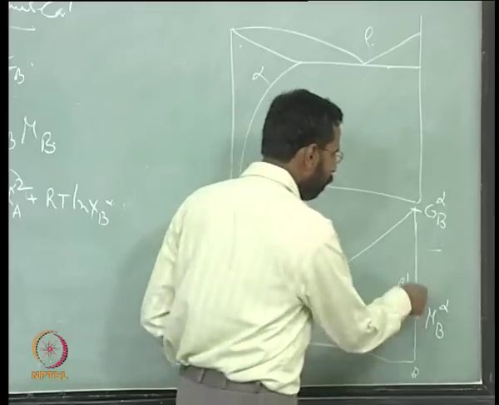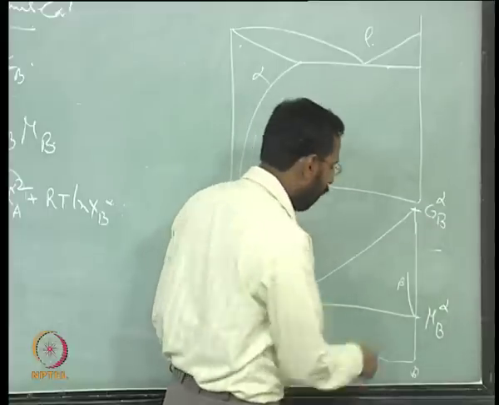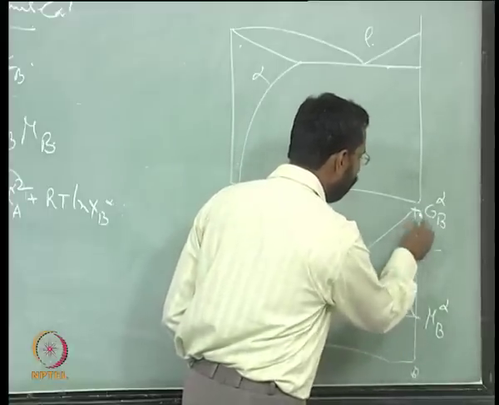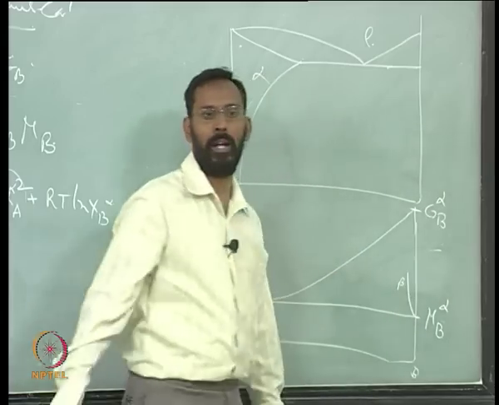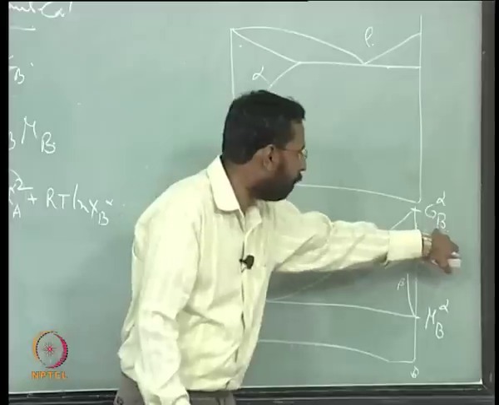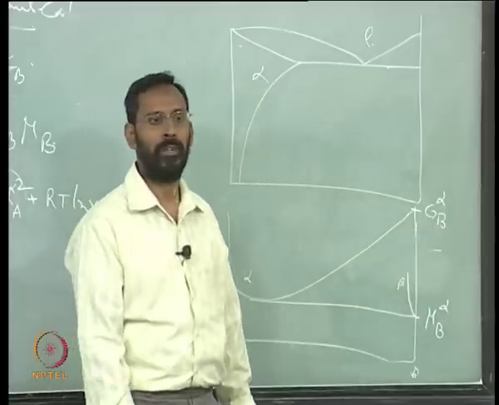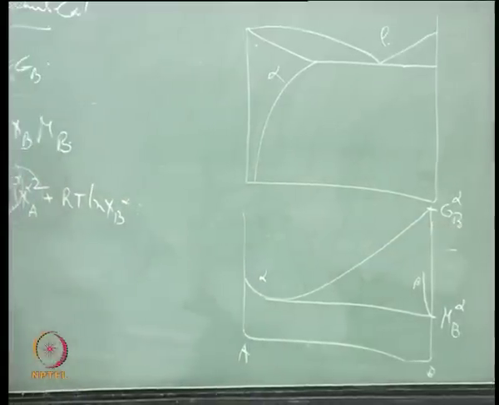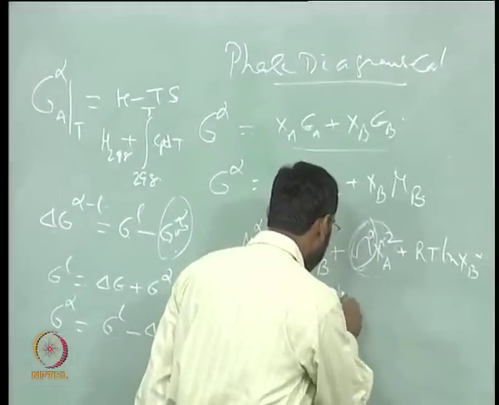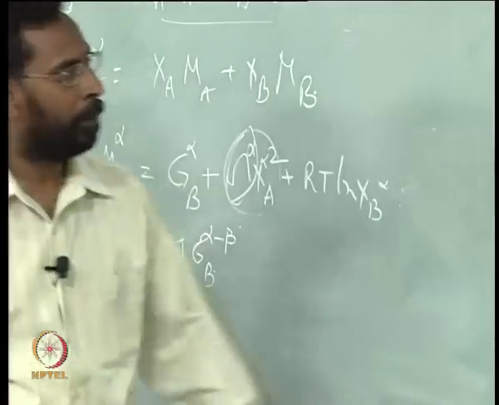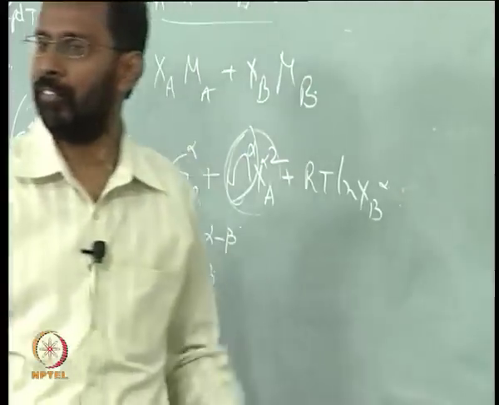So, the difference between these two can also be written as the free energy difference between alpha and beta for the pure metal B. So, if I say delta G for the B, which is alpha to beta, beta has a different structure and alpha has a different structure.